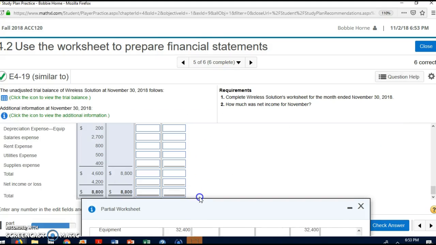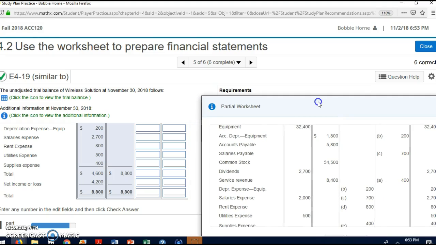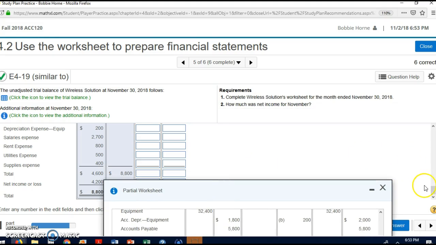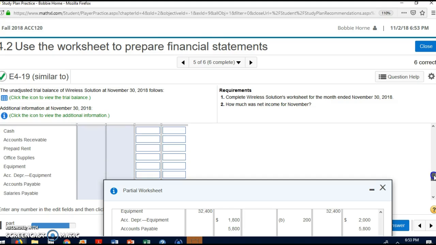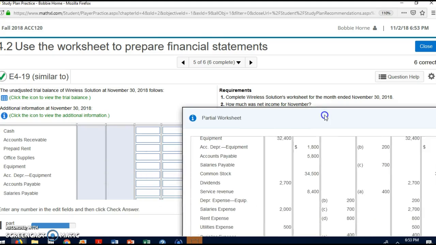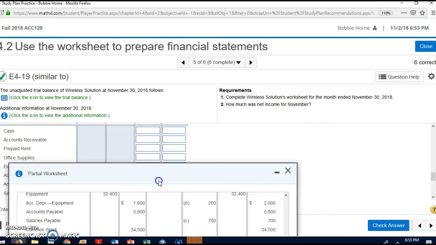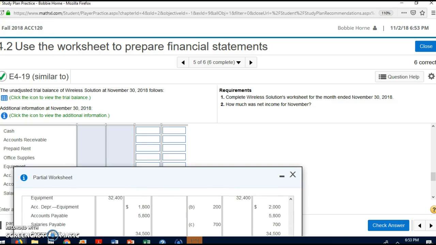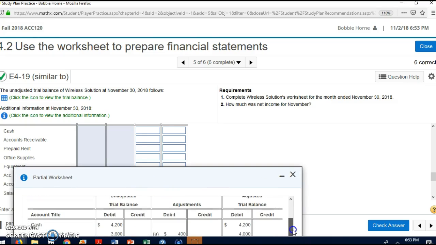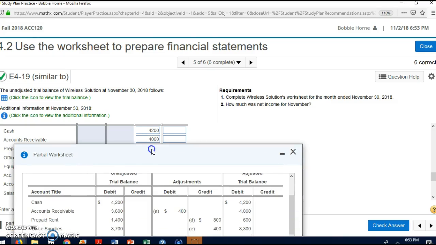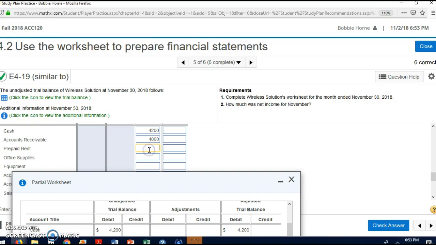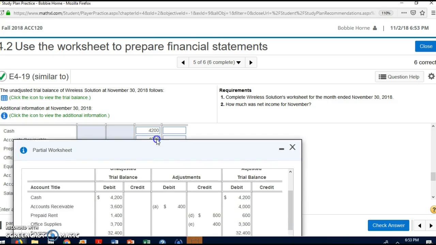Then you want to do the balance sheet, which is going to be your assets, liability, everything but revenue and expenses. So we're going to enter those numbers as good as we can here. Cash is 4,200. Accounts receivable is 4,000. Prepaid rent is 600. Office supplies is 3,300.